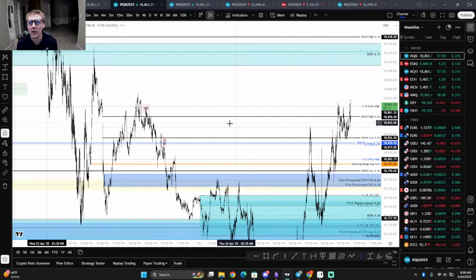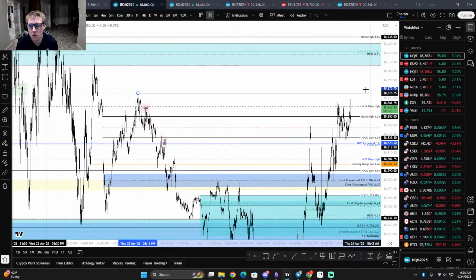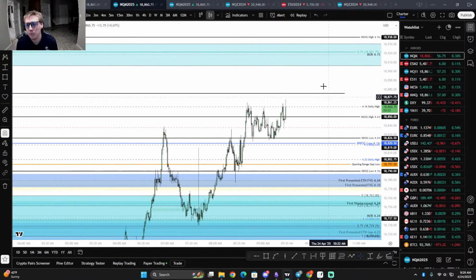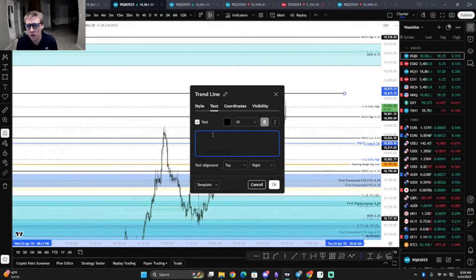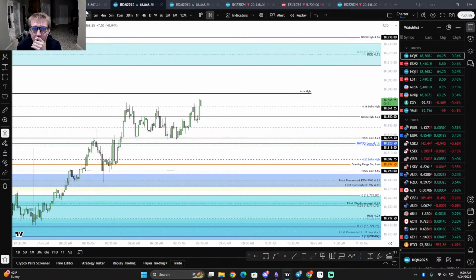I don't have Asia high marked right now on this chart. So we have Asia high just right here, and then we have midnight open range 4:15. That will likely be a draw on liquidity here as we start into that 9:30.